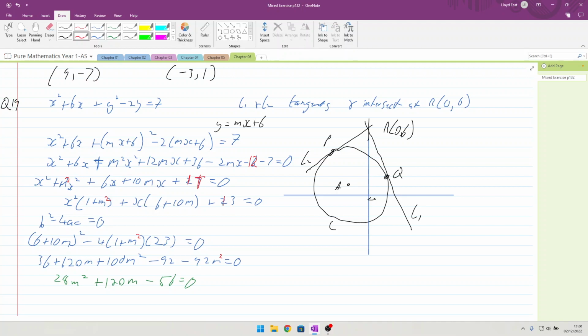Which means that continues down into here. Okay, 4 times 17 is 68. So we should have 68 on here and 68 on here.